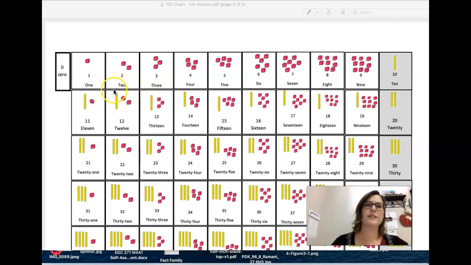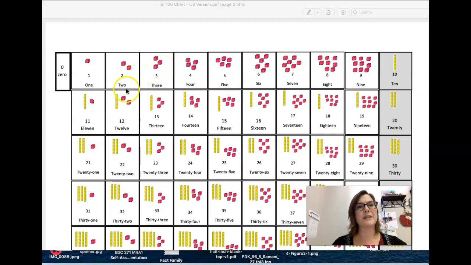And goodness, the neighbor before it has 1 less unit, and the neighbor after it has 1 more unit. 1, 2, 3. Well, that's interesting.